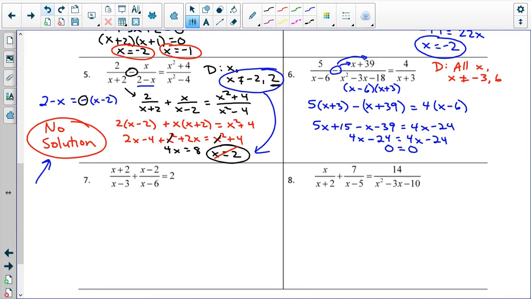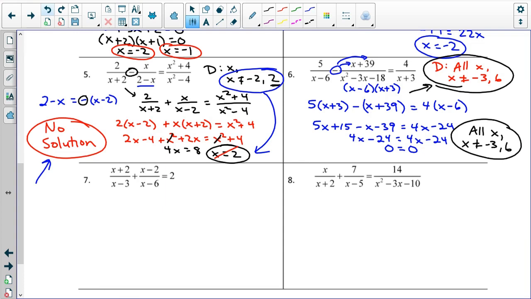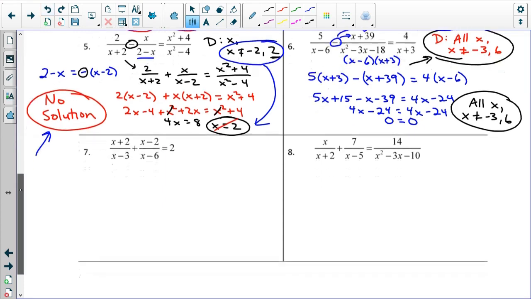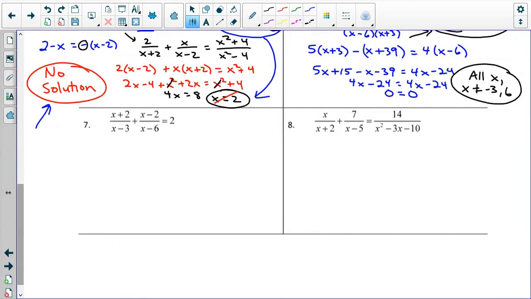So every number works, except remember, I had some domain restrictions. So the answer for x would be all x, except x cannot equal -3 or 6. So I end up with any answer except for the things that didn't work in the original problem. So my extraneous solutions cause me to not have all real numbers. It causes me to have all real numbers except -3 and 6.